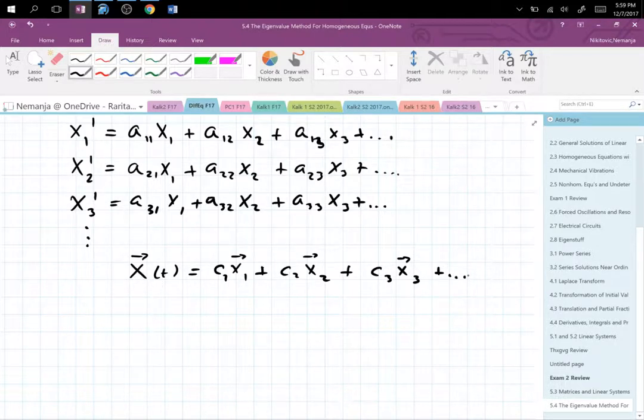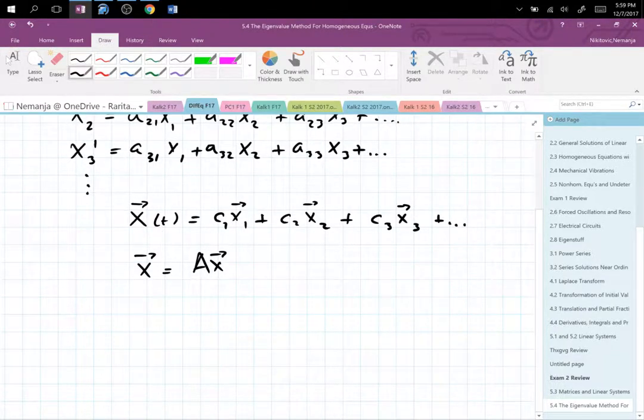And what we are going to do, well, first I'm going to pull all of these together. So this is the solution vector, and now we have matrix A times x.